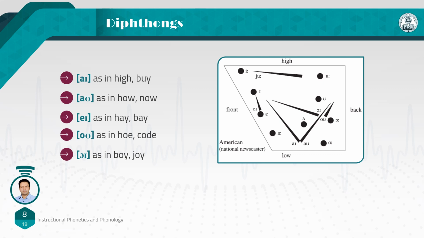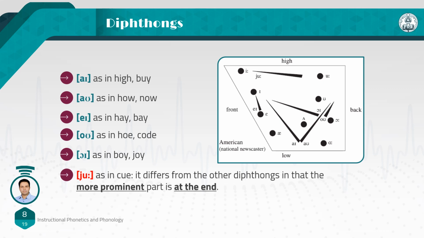It is the case for all of the diphthongs that you see in this figure except for one of them, which is U, as in Q. What is the difference? In fact, this diphthong differs from the other diphthongs in that the more prominent part is at the end.